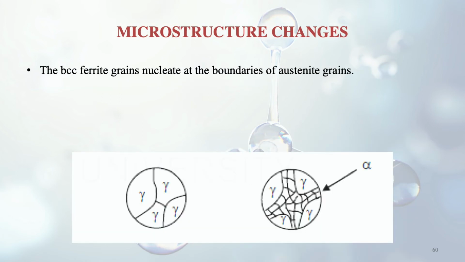So the BCC ferrite grains nucleate at the boundaries of the austenite grains. So this transformation is happening like this.